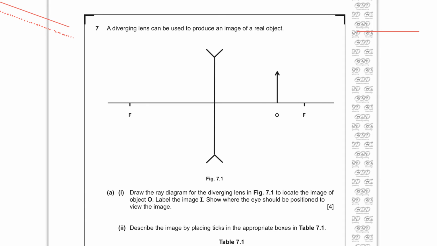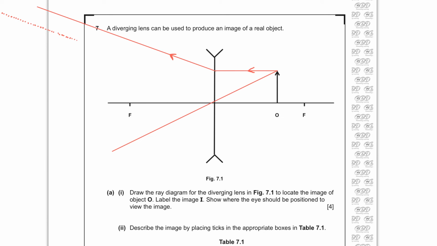Okay, so the first thing we do is put a ray parallel to the axis going towards the lens. Now that ray will diverge as it leaves here, as if it's coming from the focal point here. So we've got this turning and doing this. We also need a ray running through the optical center, which will pass straight through without changing direction.